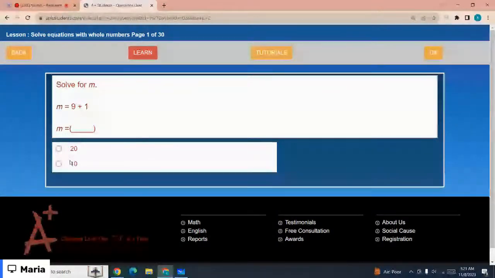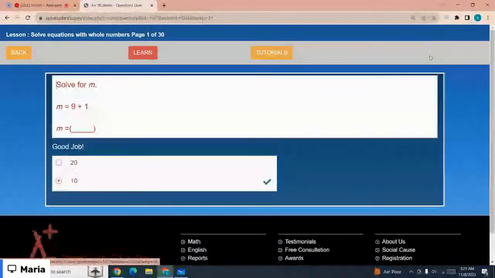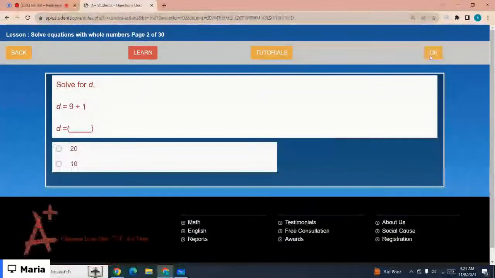Then you can just see my screen moving and no voice, just write in the chat box, right? So that I can see why some of the students are saying my voice is freezing, right? So solve for D. D equals 9 plus 1, which is the correct option.